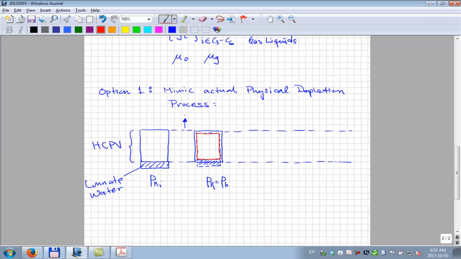Because in essence, the recovery factor, the percentage of oil that you produce from here to here, is exactly equal to the rock compressibility, the water compressibility, and the oil compressibility, averaged in a correct way, times the pressure difference. Okay? And that can be 1%, can be 10%.